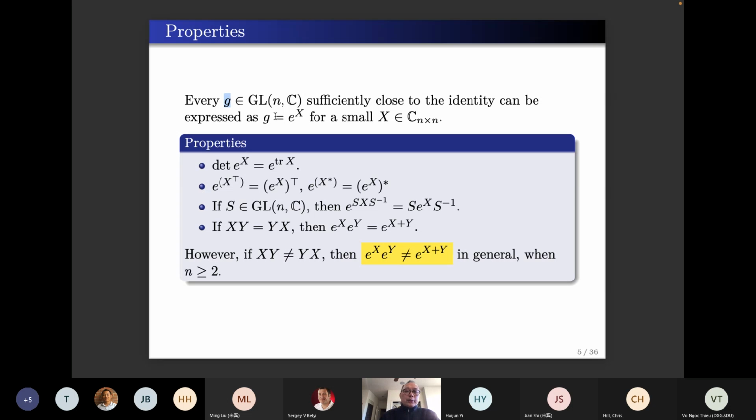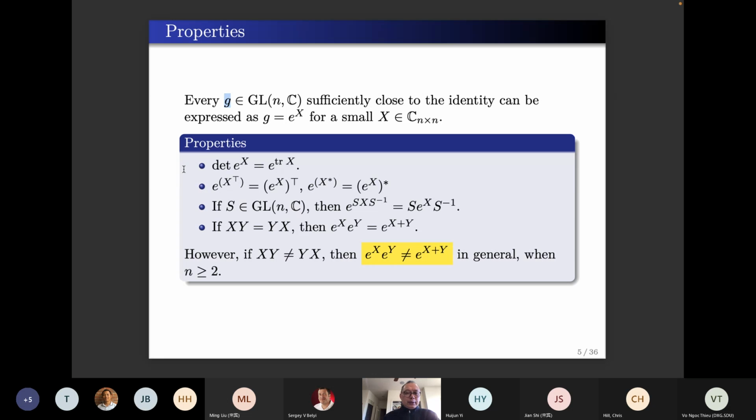So in other words, within a small neighborhood of the identity, you have a local diffeomorphism between the uppercase GL and the Gothic gl.